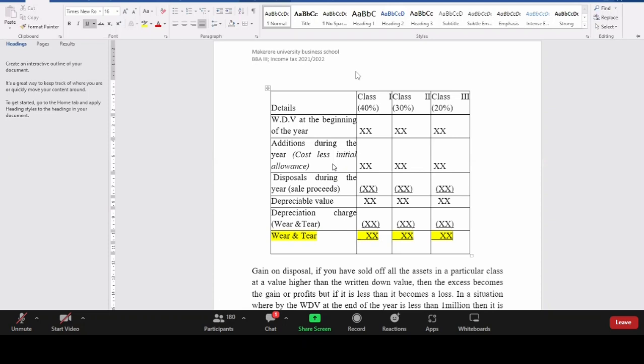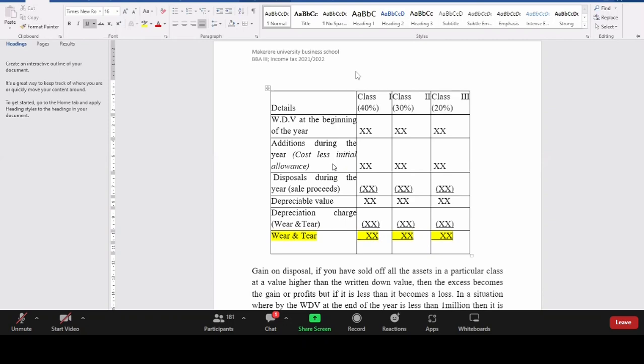However, ensure you take note of what it should not include. It should not include minor capital equipment whose value is less than 1 million or 50 currency points.